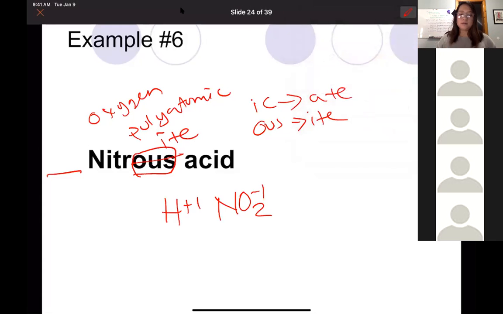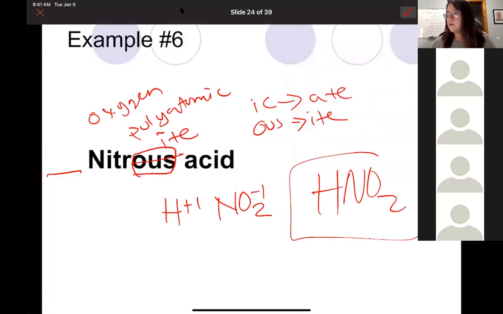It's minus 1, yes. Okay, charges match. You just need one of each. Wait, I'm confused. Why? Because on the top is nitrite and it says NO minus 2. Oh, NO2 minus 1. Okay. Yep. All right.